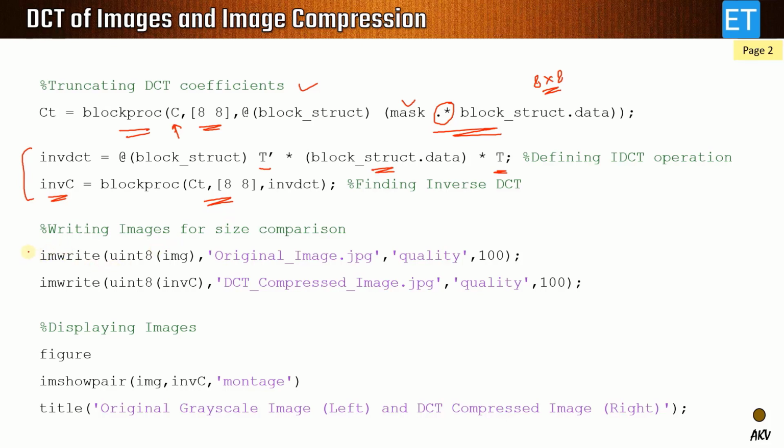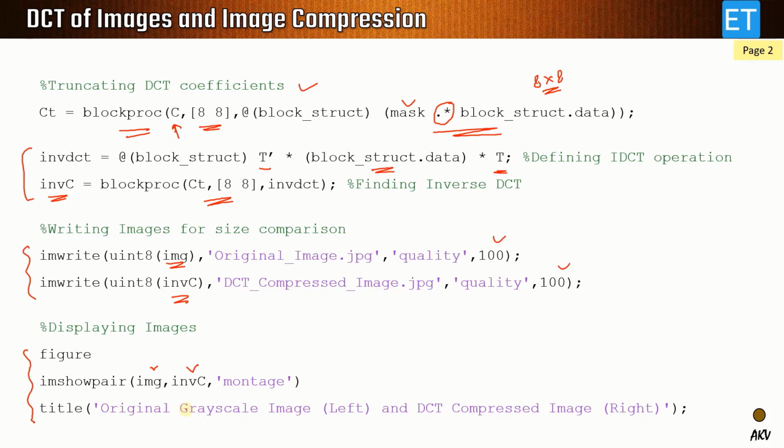And for comparison, again we are writing these images to the current directory. So this is your original image and this is your compressed image with the same quality index of JPEG, that is 100. And here we are displaying these two images, original and the compressed image, side by side for comparison.